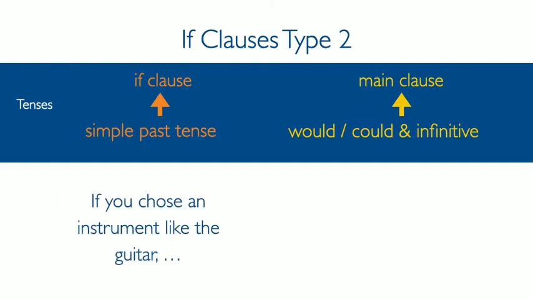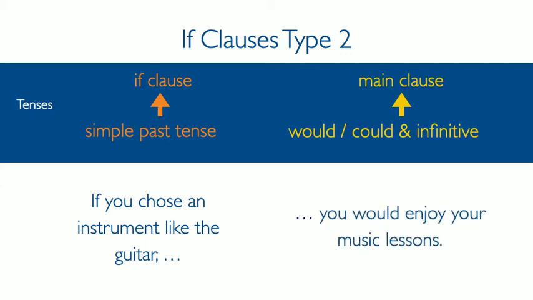If you chose an instrument like the guitar, you would enjoy your music lessons. In this sentence, you see that we use the verb chose in the simple past tense in the if clause and the verbal construction would enjoy in the main clause.